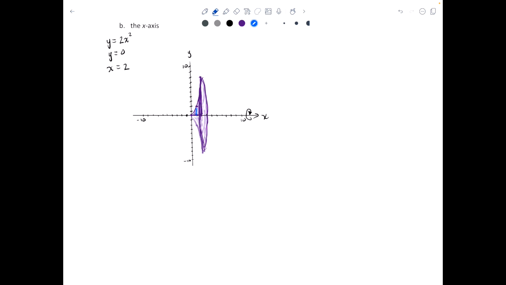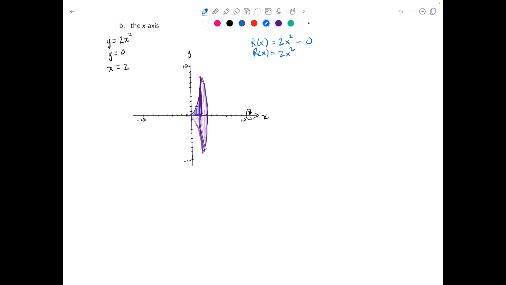So you can see the little blue representative rectangle. And so at any given time, our R of x, you could write it as the uppermost graph, 2x squared, minus the bottommost graph, which is the graph y is 0. So capital R at x is just 2x squared. Good so far?